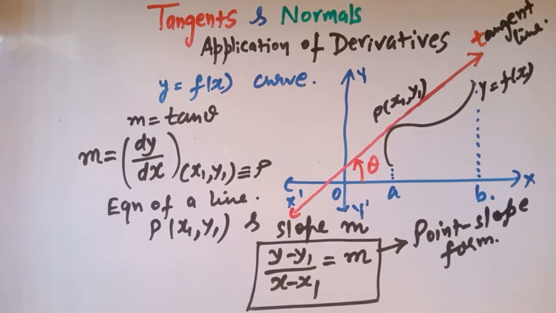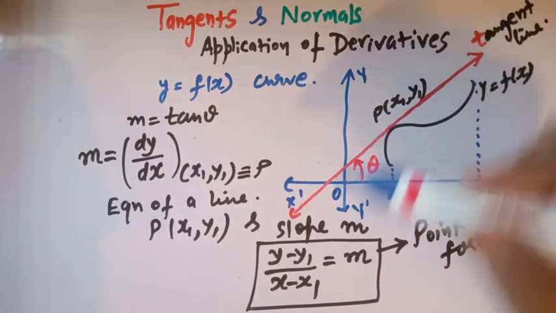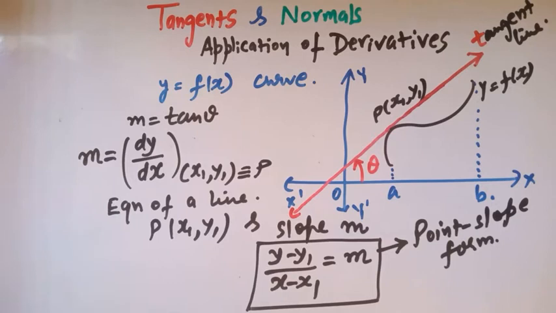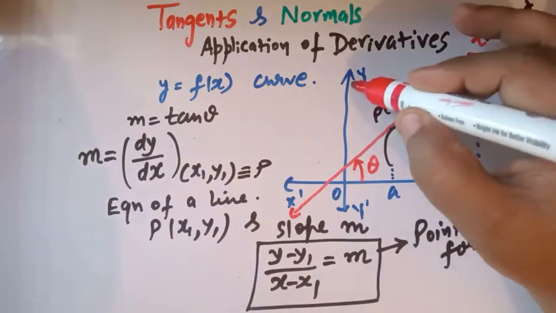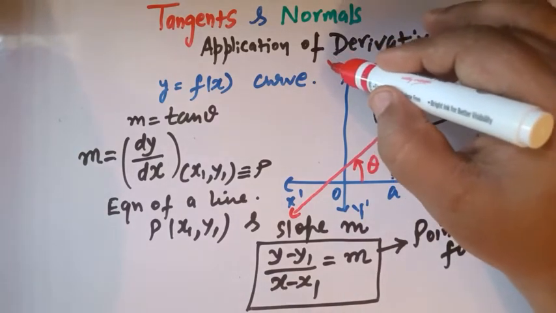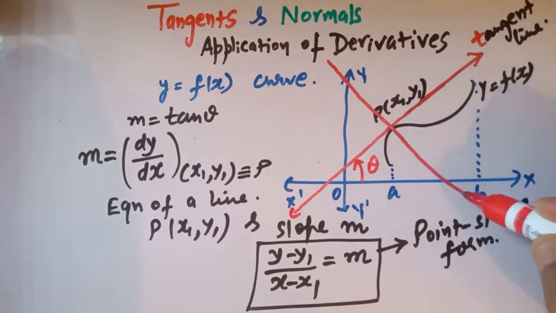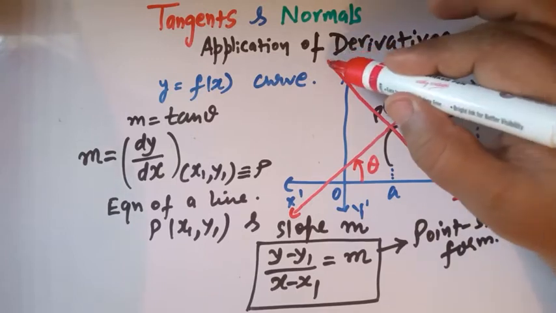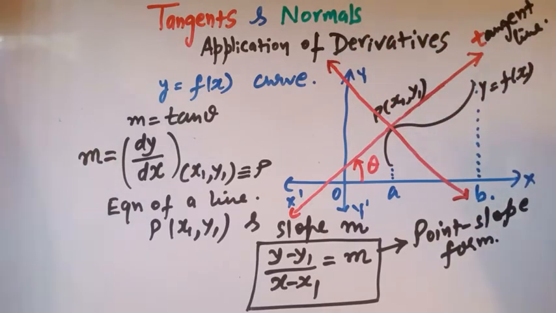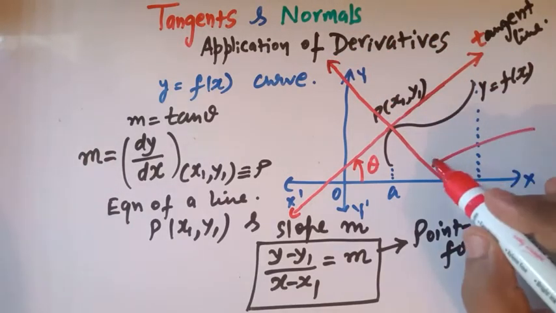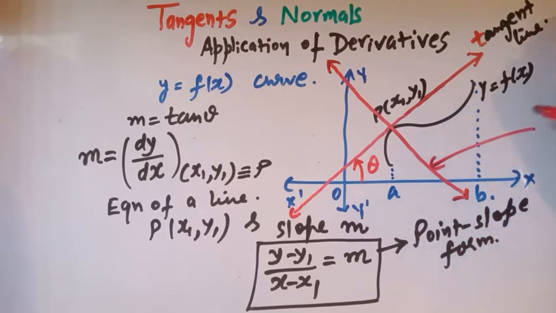Now viewers, at this point P we have another line, and this line is perpendicular to this tangent. Clear? And this line is known as the normal to the curve.